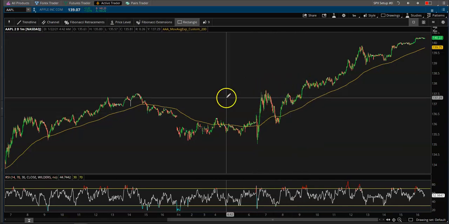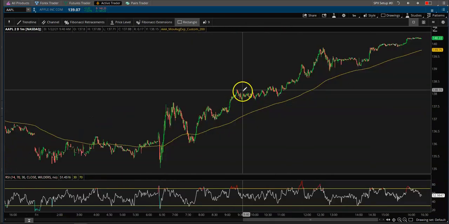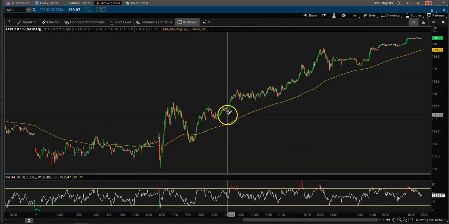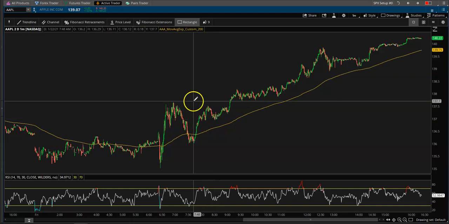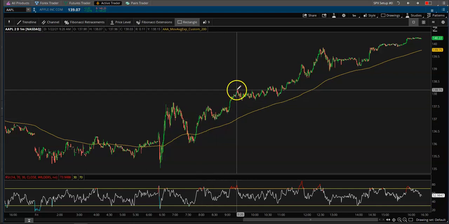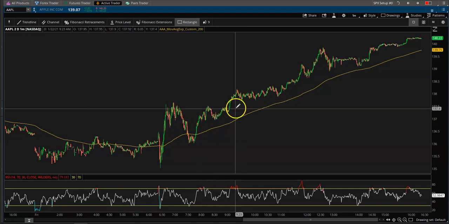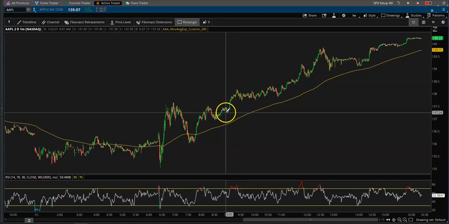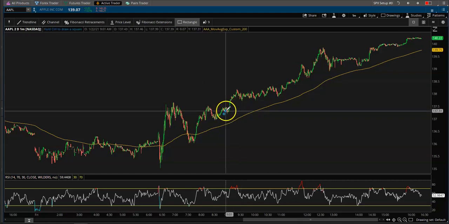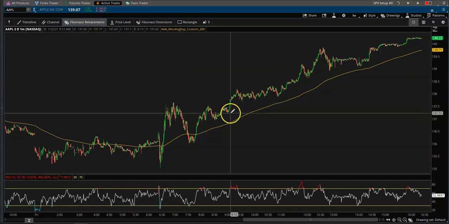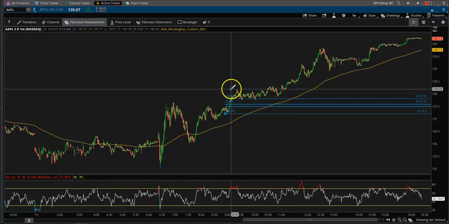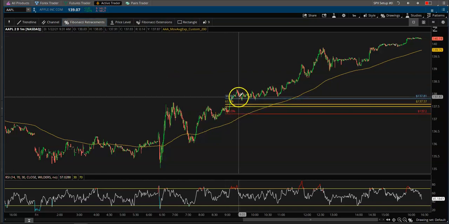Now, as we start to go, let's zoom in here. We have a high, we'll kind of look from here. We make a new high, we pull back. On this pullback, I would be drawing my fib from this low to this high, looking for the pullback.